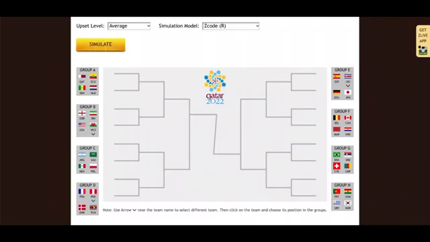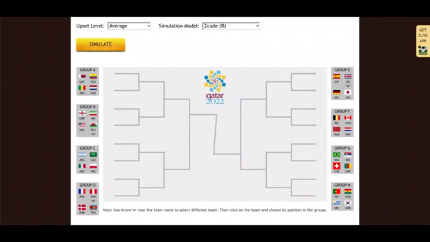As you can see here, looking at the groups, we've got a lot of very exciting groups to come. A lot of groups with teams that already look like they could walk through these groups. Belgium, their group looks pretty easy right there. I think Germany and Spain in Group E looks like a difficult group, with Japan and Costa Rica in there as well.